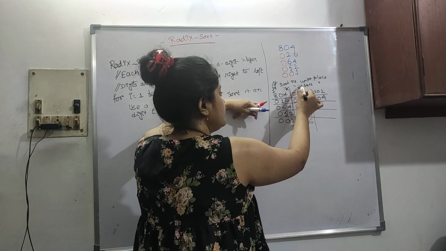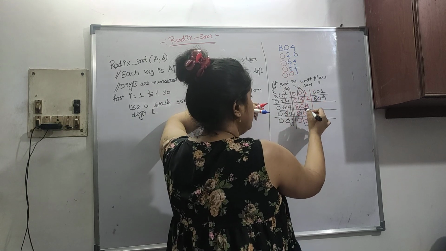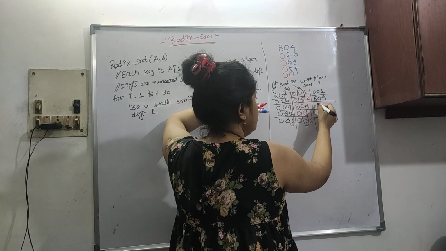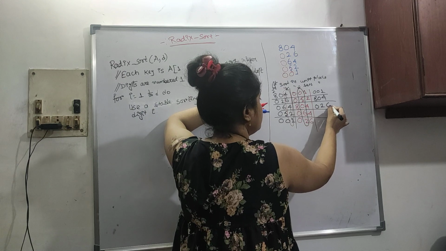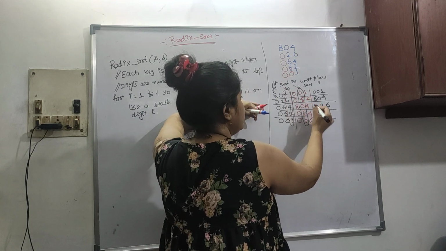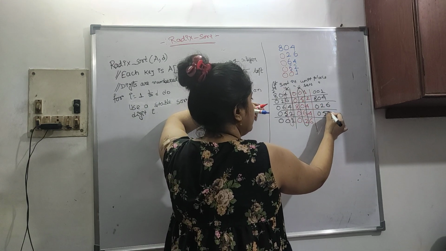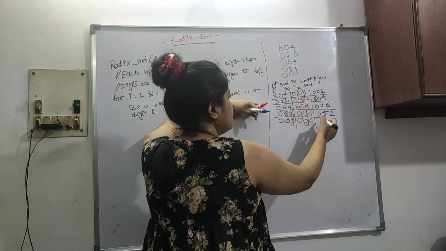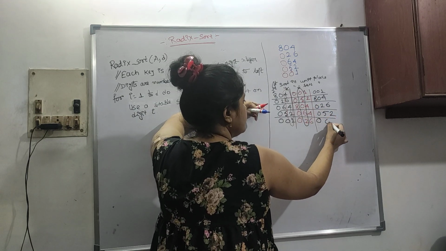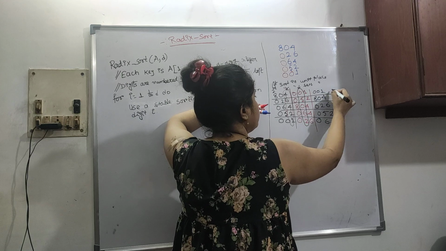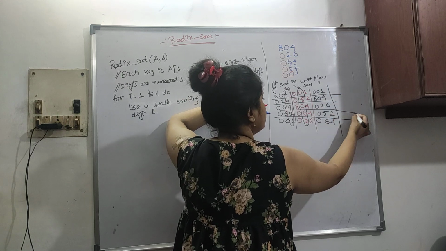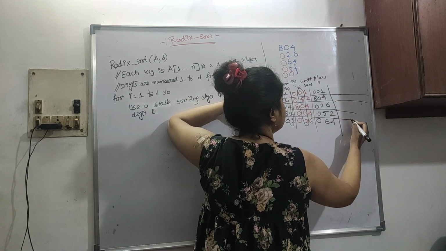Before that we checked the units column. Now this 0, then 2, which is 0 2 6. 2 is completed. Then 5, which is 0 5 2. Then 0 6 4. So after the second pass, this is our sorted order.